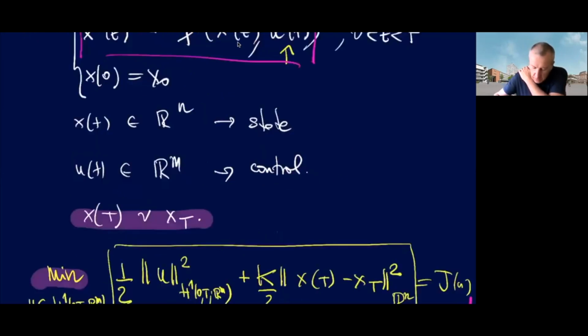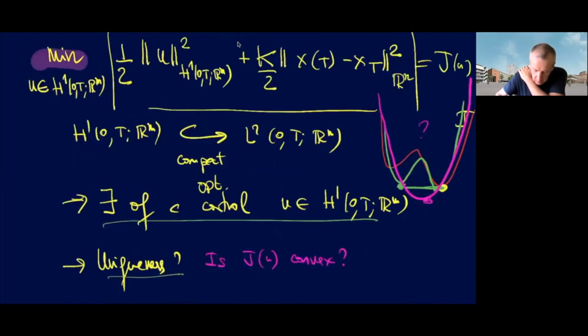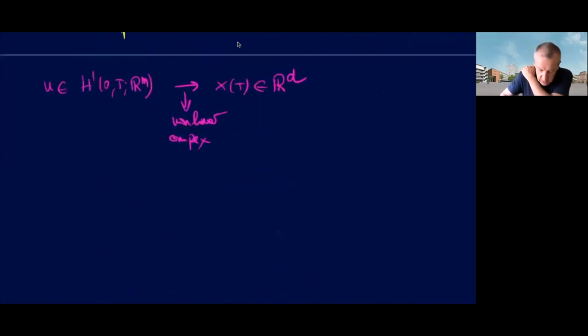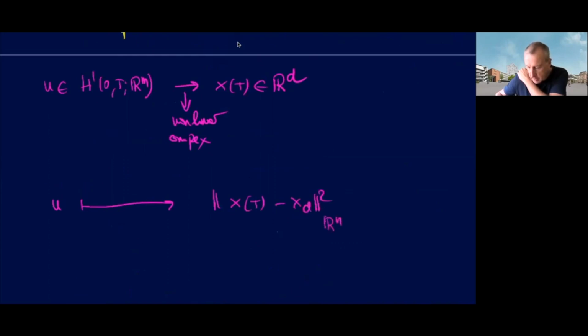So this map is nonlinear and actually quite complex. Because of this, the map that to U associates the norm of x(t) minus x_d squared in R^n has no reason to be convex. You have to be very careful about this.